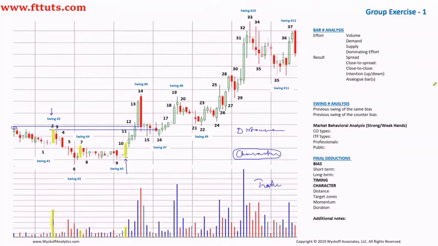Okay, so now we're looking at some analogs: bar number 2, bar number 7, and bar number 10, and all of this in relation to the question of what is going to be the character. Could we overcome this resistance? So comparing 10 and 7, what could we say about the effort and what could we say about the result?